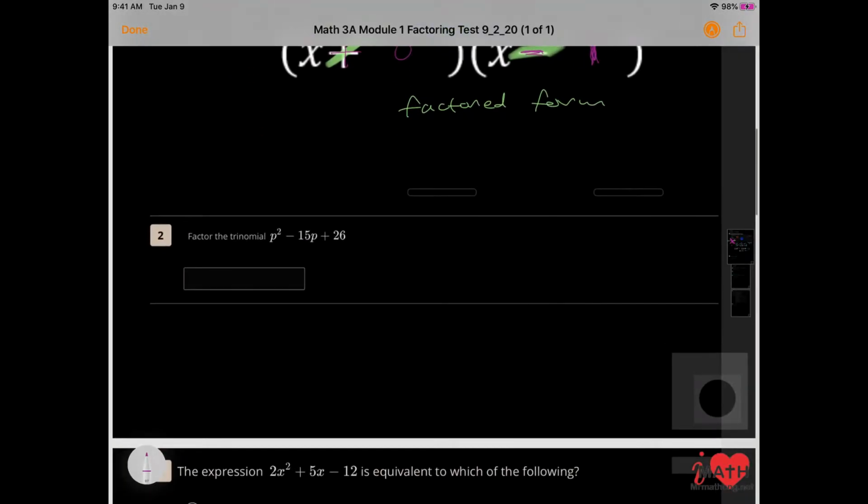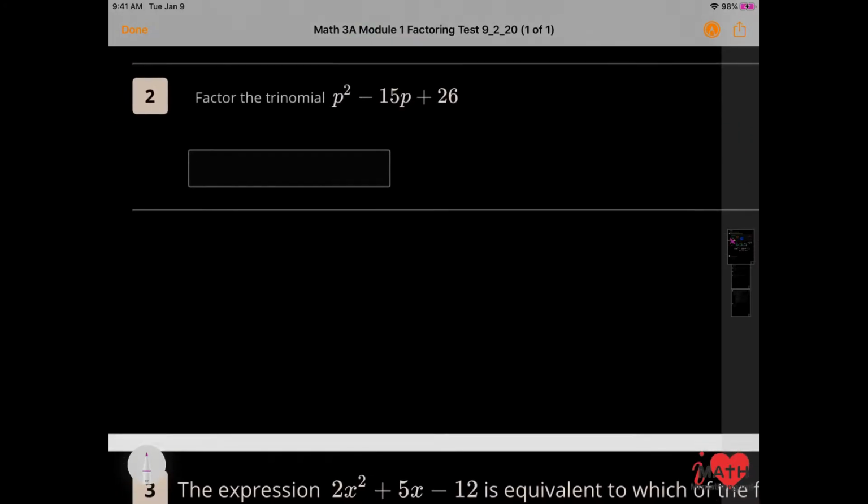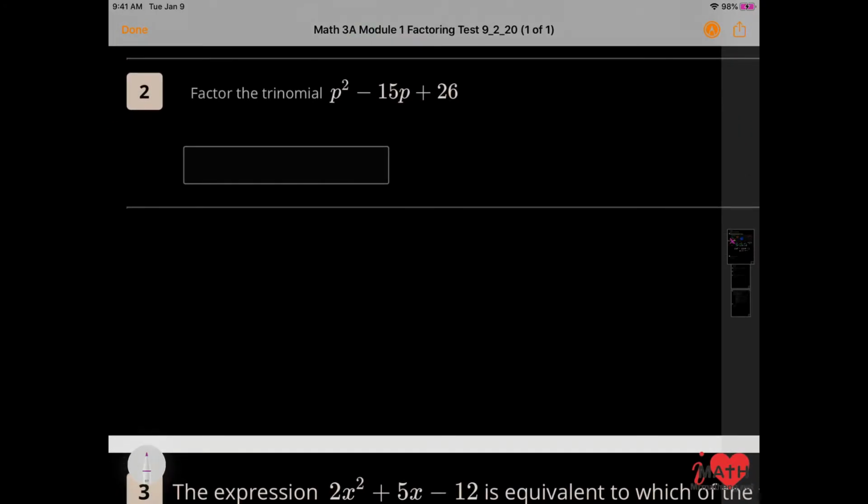Let's go to question number 2. All right, factor the trinomial p squared minus 15p plus 26. Okay, if you don't like the variable p for some reason, you can use the variable x. But guys, you can't just change someone's name and leave it like that. You would have to put it back into p's, okay?